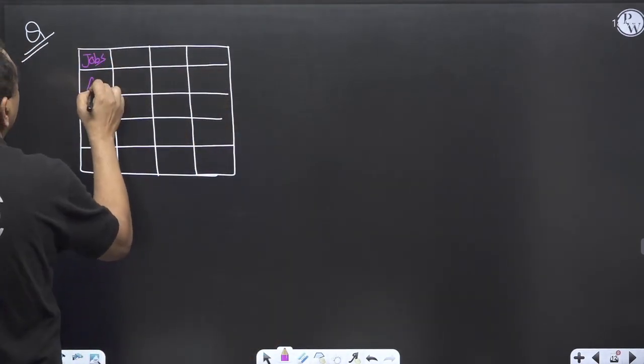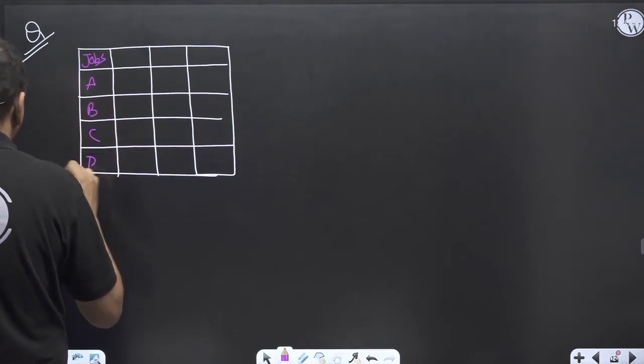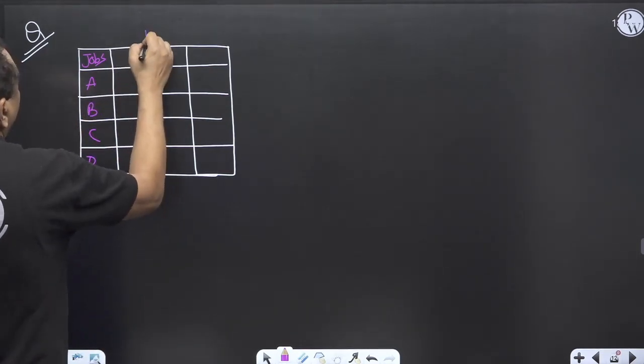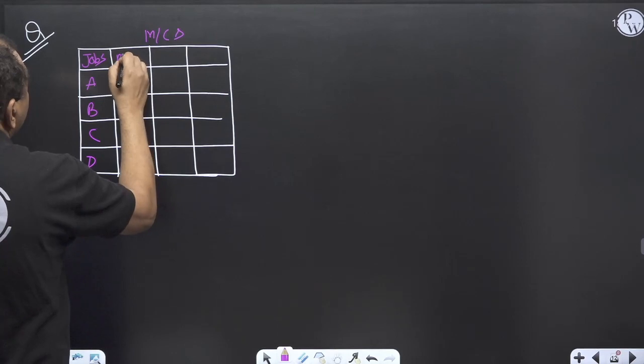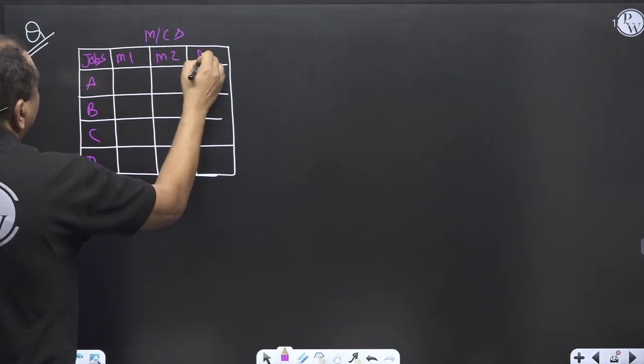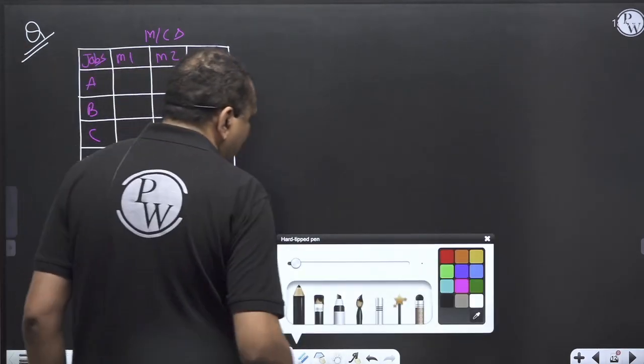Jobs A, B, C, D. There are 4 jobs and there are 3 machines, M1, M2, M3. 4 jobs, 3 machines problem.